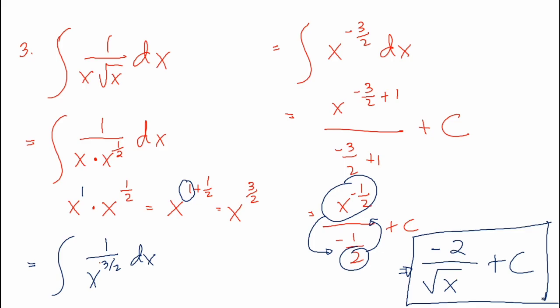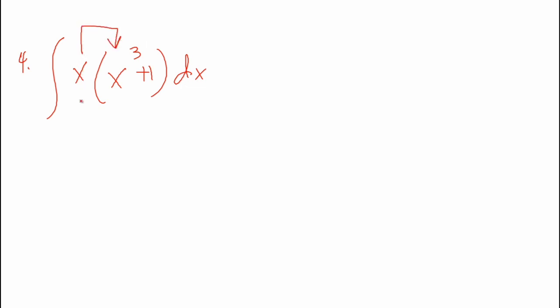Now let's move to example number 4. For example number 4, we have the integral of x times x cubed plus 1 dx. If we rewrite this function, what you have to do is distribute your x. Multiply it here and multiply it to your second term within the parenthesis.